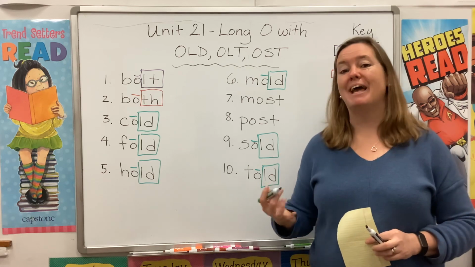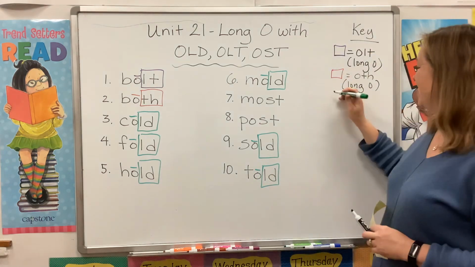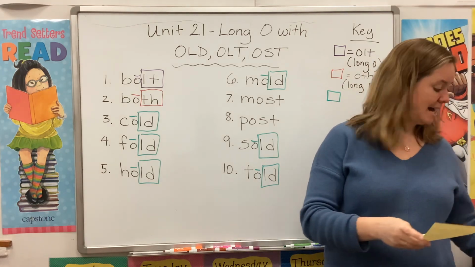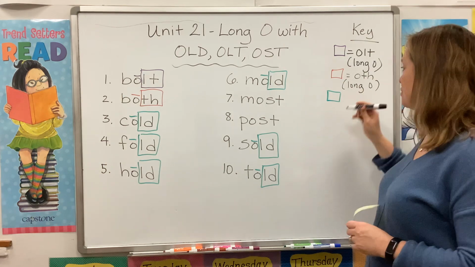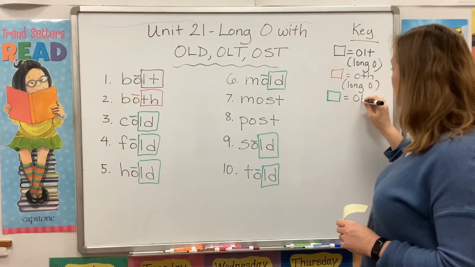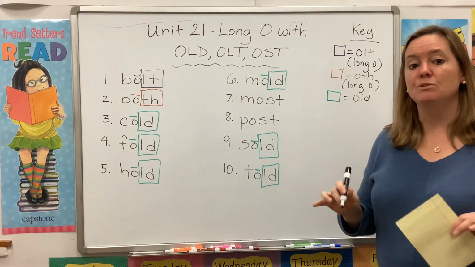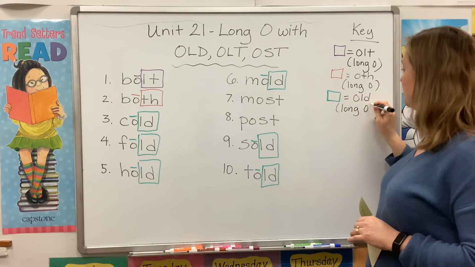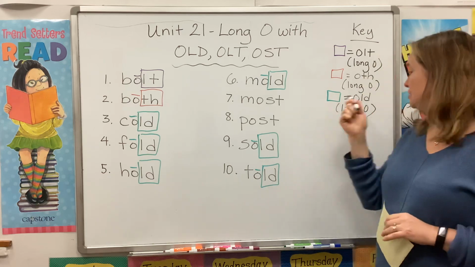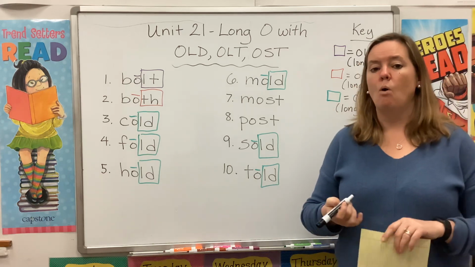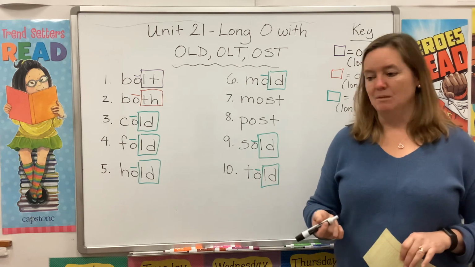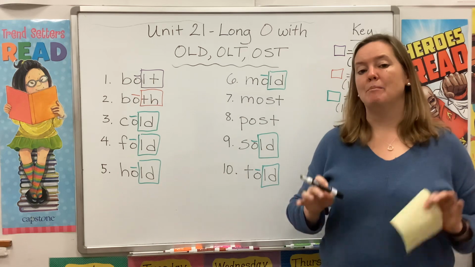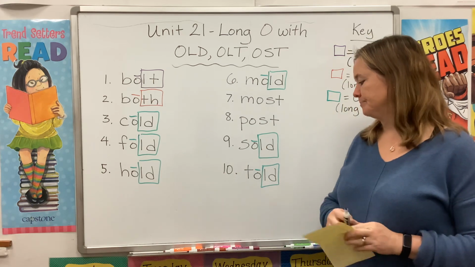You're going to get a lot of bang for your buck, as they say. And honestly, I can't think of any exceptions to that rule. So pretty much whenever you see OLD, you're going to make a long O sound. Just like in the word old, by the way. Old, gold, I could keep going, okay? So when you see that OLD pattern, remember the O is long.